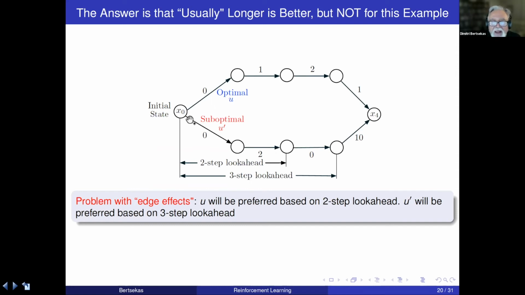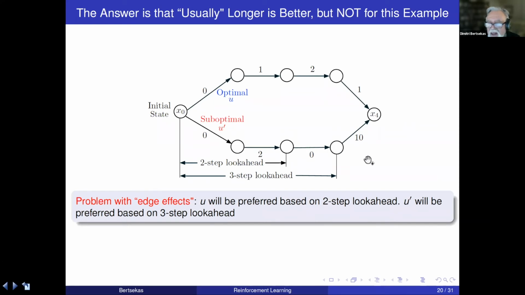So I find that the optimal branch is preferred. So 2-step look ahead finds the optimal first solution and then follows the path to the end. Now in 3-step look ahead, we look at these 2 states that are 3 steps ahead, getting there has cost 3, getting here has cost 2, and then when adding a 0 terminal cost, I prefer this suboptimal branch.